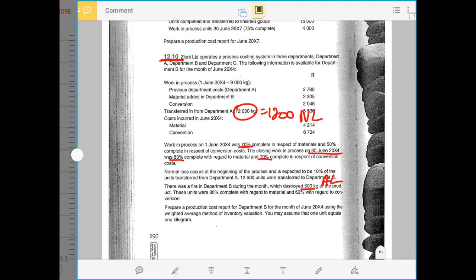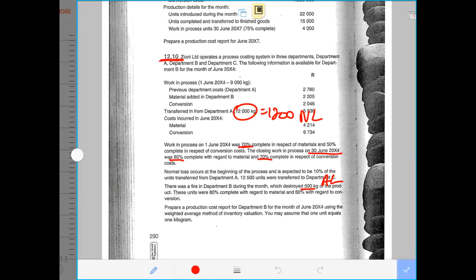Then after, it continues by saying that these units were 80% complete with regard to material and 60% complete with regard to conversion cost. Meaning 80% of the 500 will be recorded under the raw material, and 60% of this loss will be recorded under the conversion cost. Not the whole 500 will be recorded under the material and under the conversion cost.